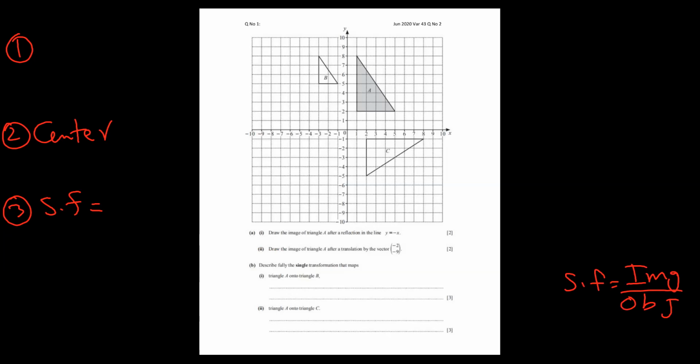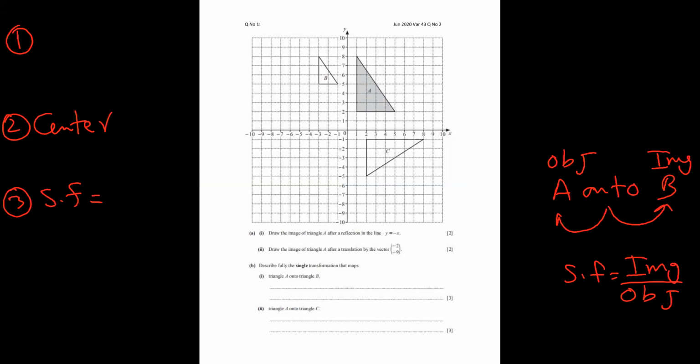So in the exam, you read the question, part B(i): describe fully the single transformation which maps A onto B. When we say A onto B, as I discussed many times, after the word onto we always have the image, and before the word onto we always have the object. So this is the object and this is the image.